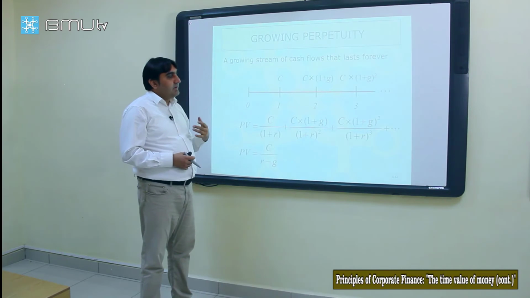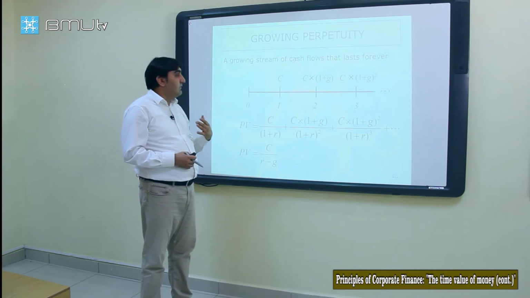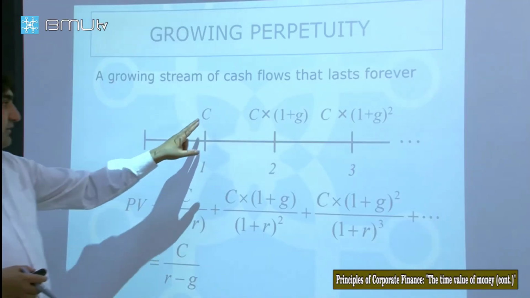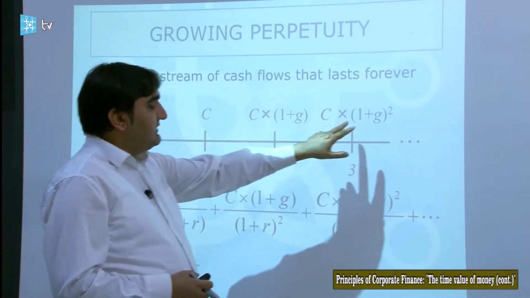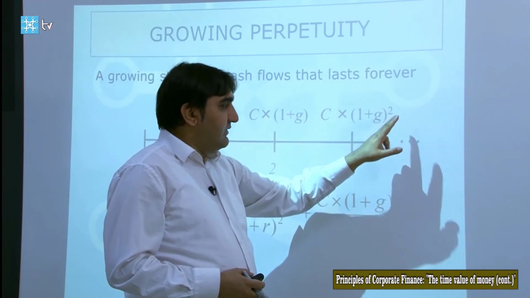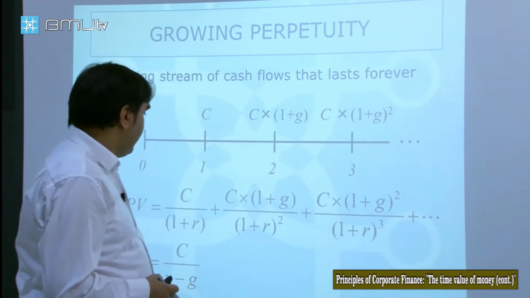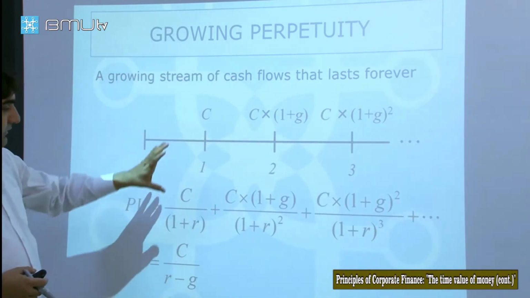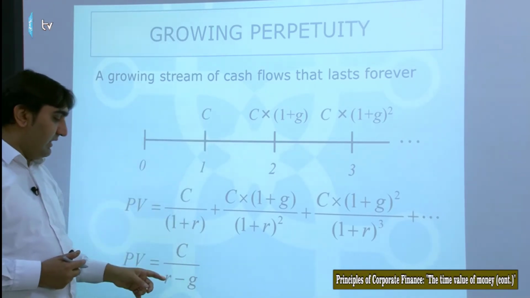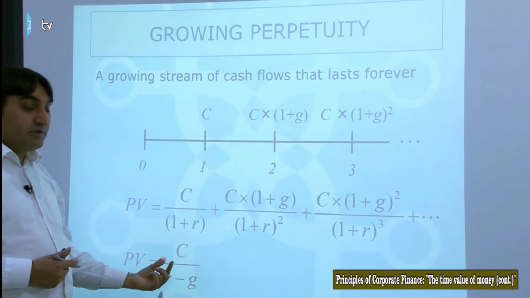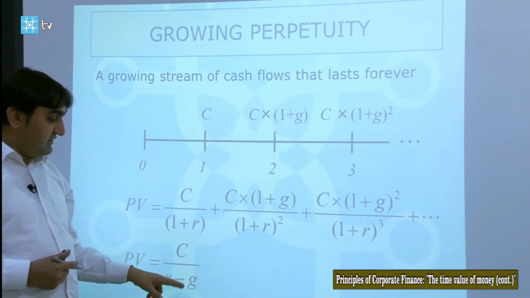As I said, these perpetuities may grow from year to year. For example, here it is C itself, it grows at rate G, G squared, and it goes forever. And present value of these cash flows is the first cash flow divided by R minus G. R is the required rate, that's the interest rate, G is the growth rate.